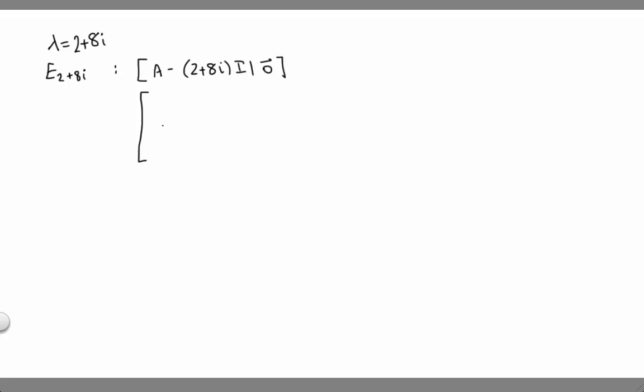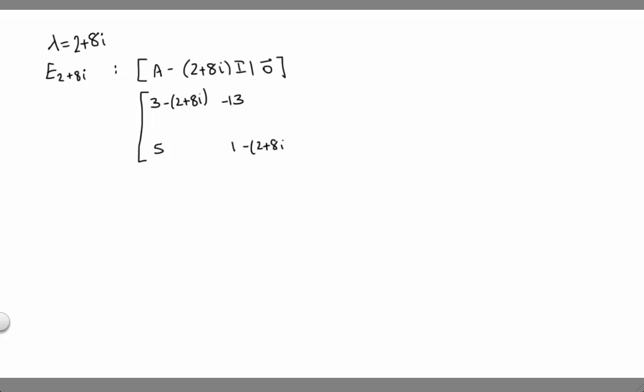So let's go back to our matrix. The entries were 3, minus 13, 5, and 1. I'm just double checking that from our previous screen to make sure that I had written that down properly. Okay, and then subtracting 2 plus 8i from just the diagonal entries.